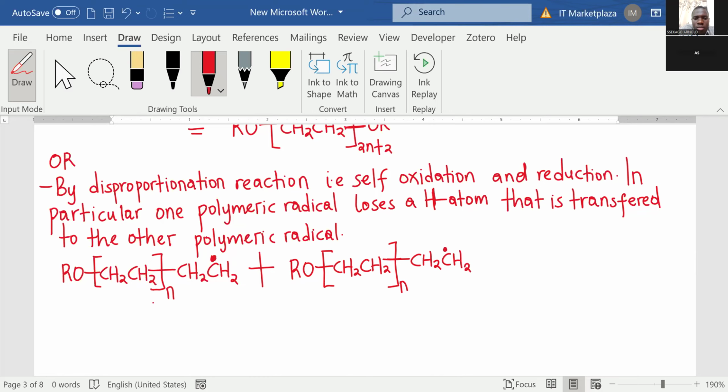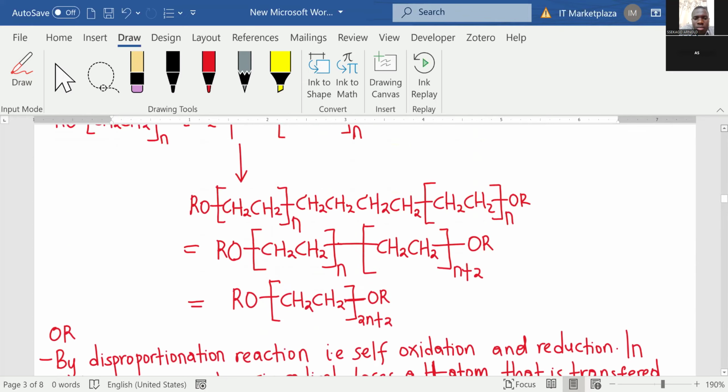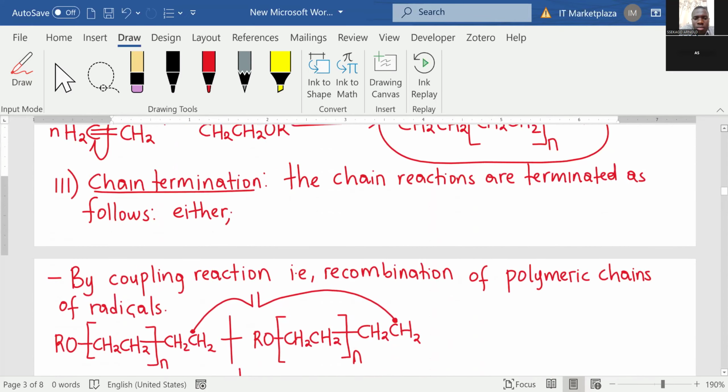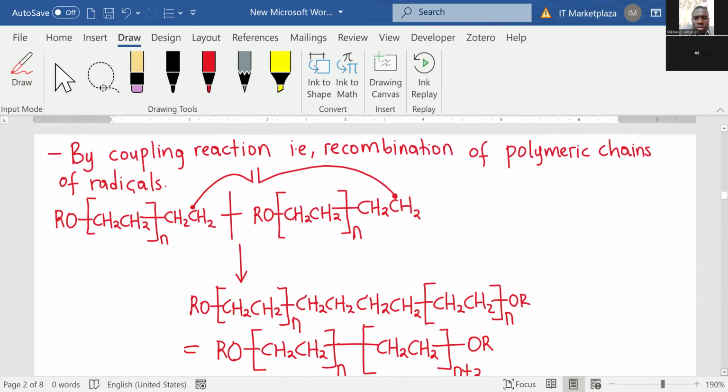Those were the products that were obtained from elongation, from propagation.